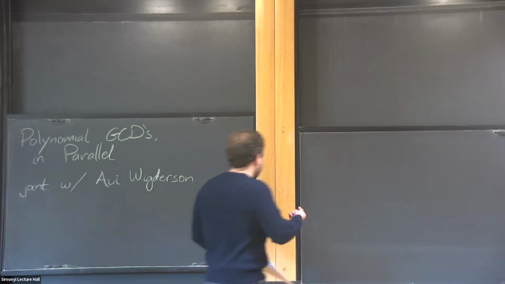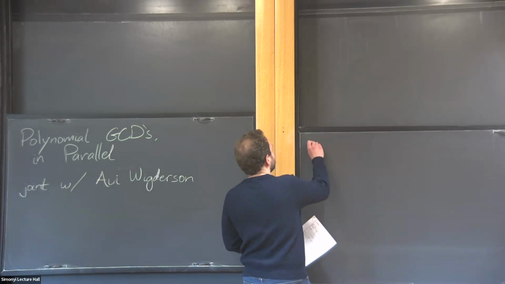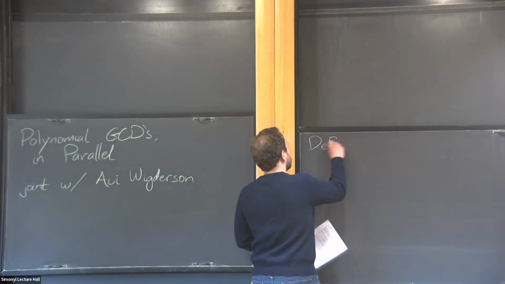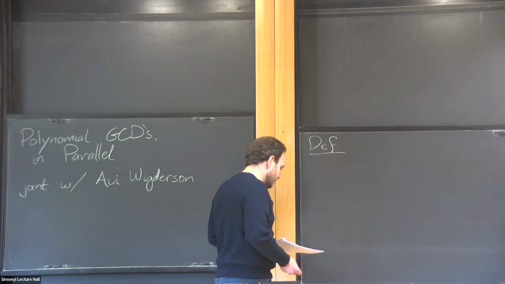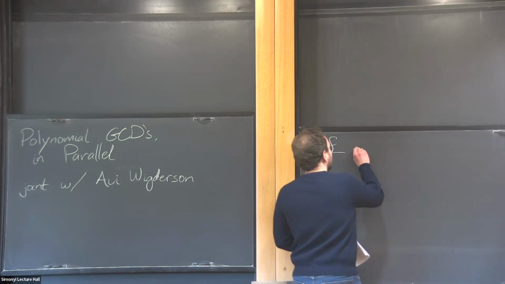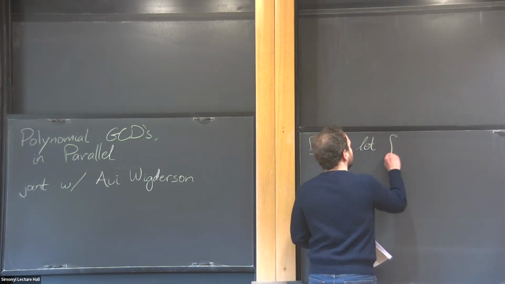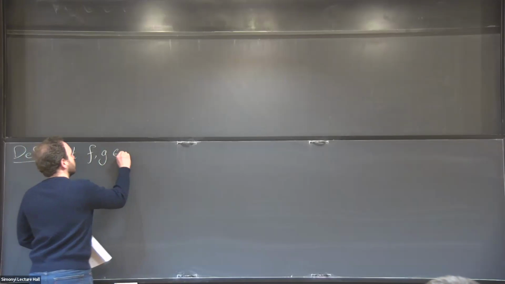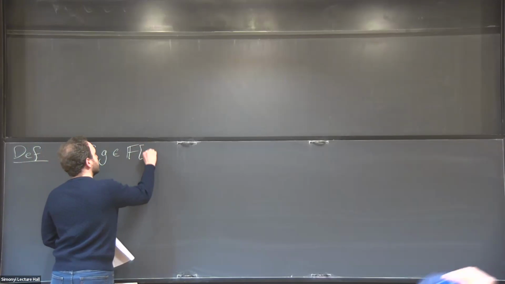So before I actually tell you anything about this algorithm, let's just spend some time reminding ourselves, what are greatest common divisors, and what do we know about computing them so far? So we have two polynomials, f and g.